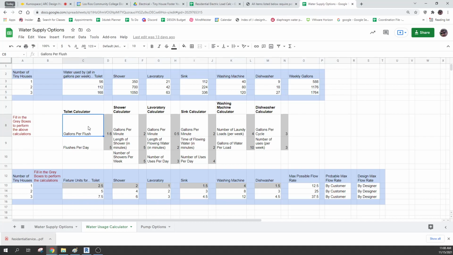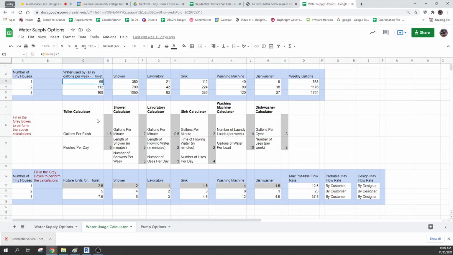Here's your toilet calculator, and just decide on your number, your gallons per flush, and how many flushes per day. Those can just line up right along here, and you can either add together your residence and your tiny house, or you can put that number right up here. What is this number? It's gallons per flush times flushes per day.